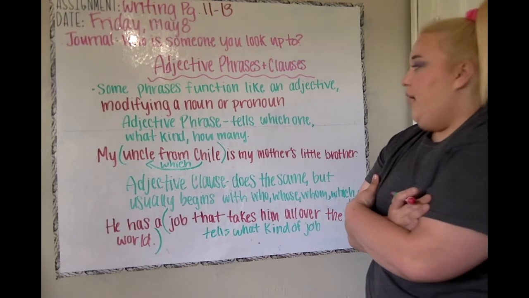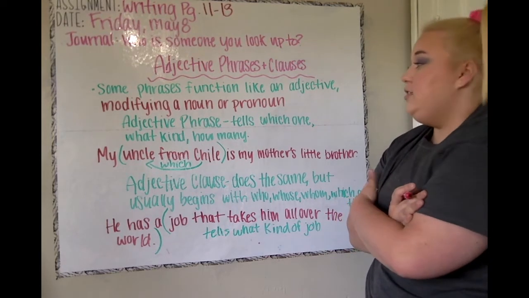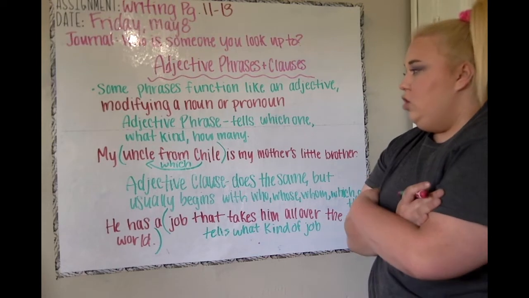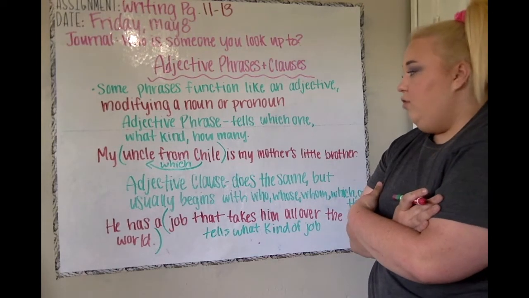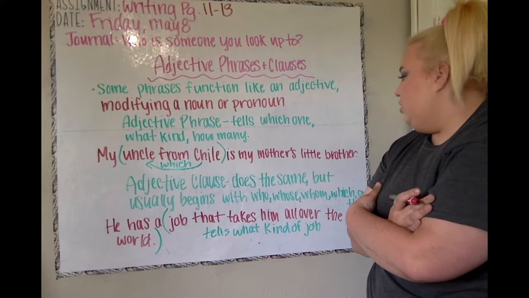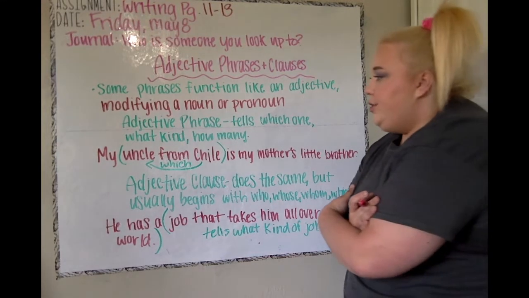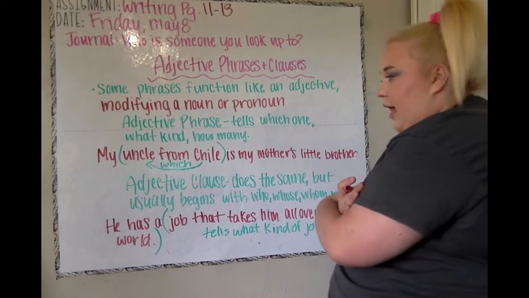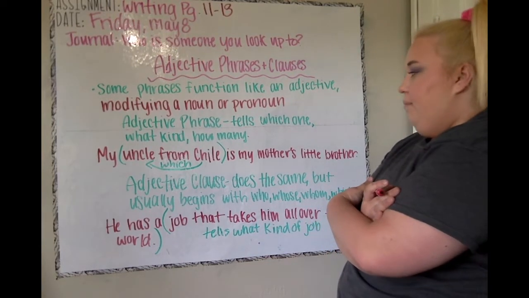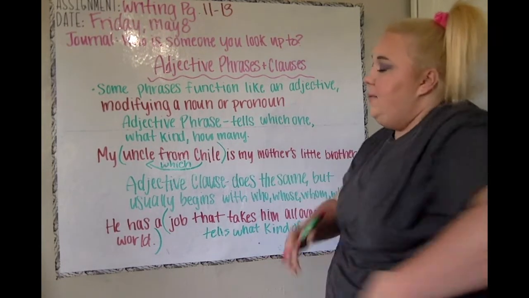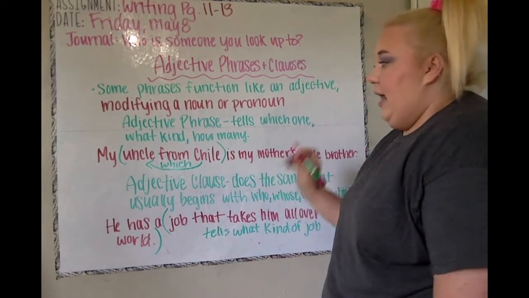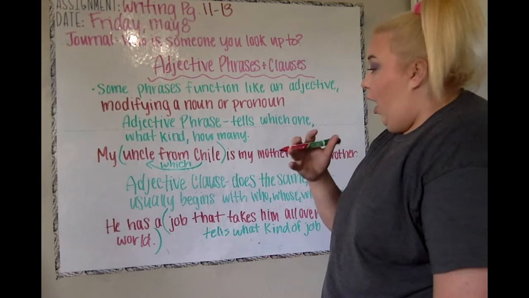An adjective phrase answers the questions, which one, what kind, and how many. So if we have the sentence, my uncle from Chile is my mother's little brother, our adjective phrase is uncle from Chile. It doesn't have the predicate in it because the predicate is "is." So we have no predicate in here, so that's how we know it's a phrase and not a clause.